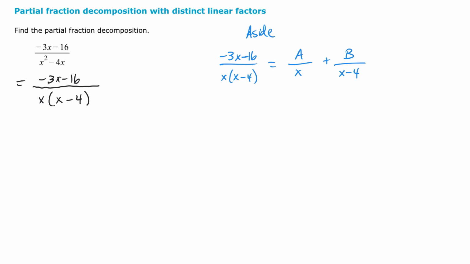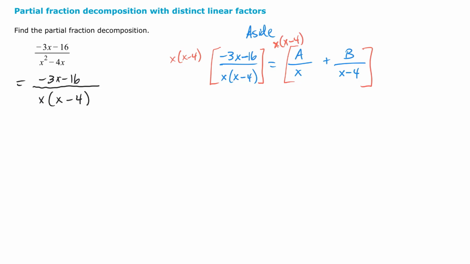Let's multiply both sides by the LCD, or the lowest common denominator. Or you could say the least common multiple of the denominators. That will also suffice as accurate language.